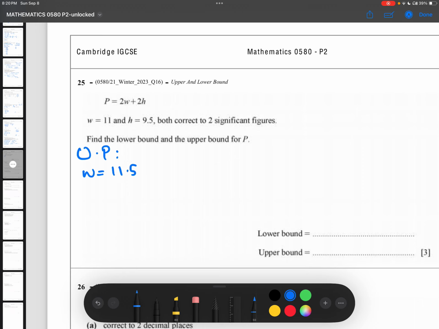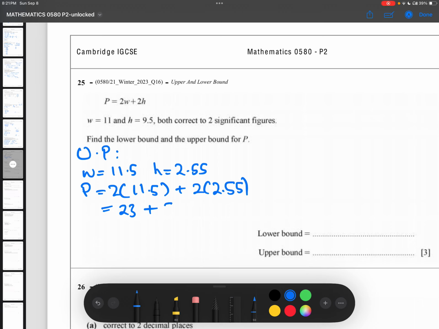Now let's put these values in our equation. P is equal to 2 into, in place of W I will write 11.5, and in place of H I will write 9.55. So 11.5 into 2 is equal to 23, and 9.55 into 2 is 19.1.